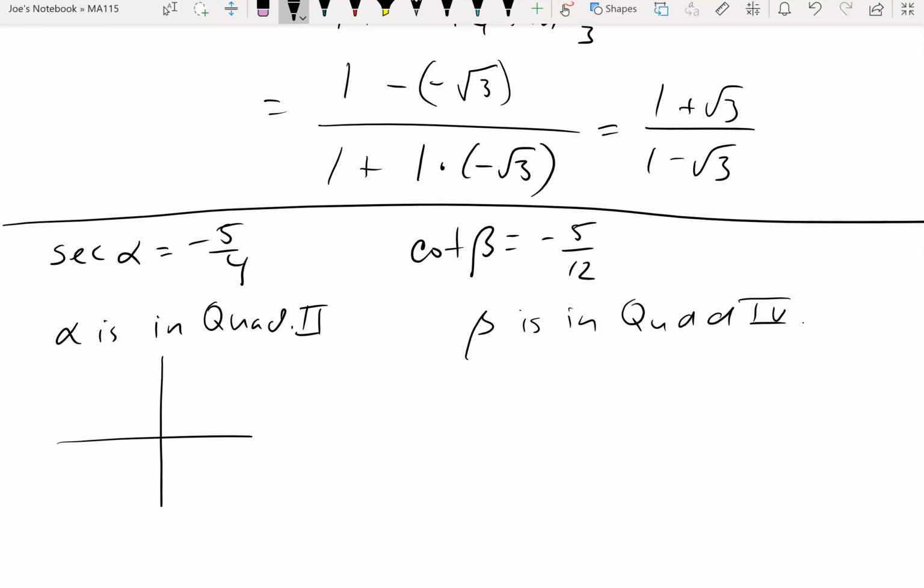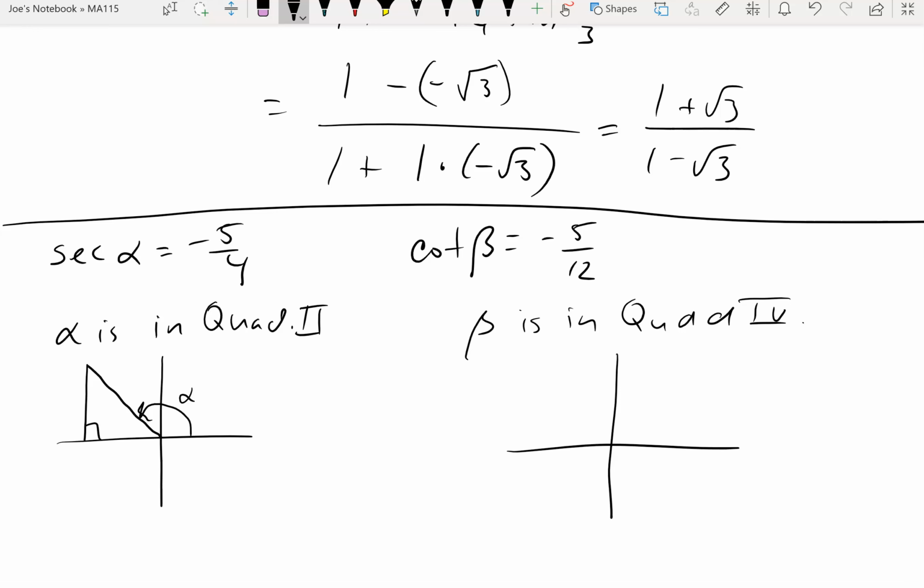Because we know that we've got problems like this, we want to use triangles to help us get the values, right? So for alpha, we'll draw a reference triangle over here in quadrant 2. Technically the alpha is that angle, but we always drop our perpendicular down to the axis. What sides can we label for that reference triangle?